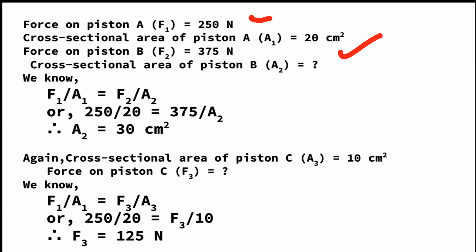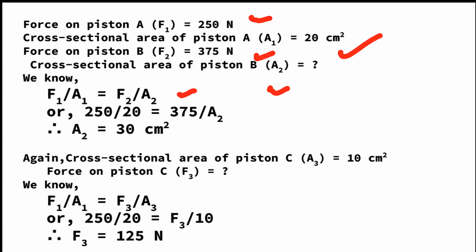The force on piston B, represented by F2, is 275 Newton, and we are asked to find the cross-sectional area of piston B, denoted by A2. That means we are going to find A2. For this, we use the relation from Pascal's law: F1 upon A1 equals F2 upon A2.